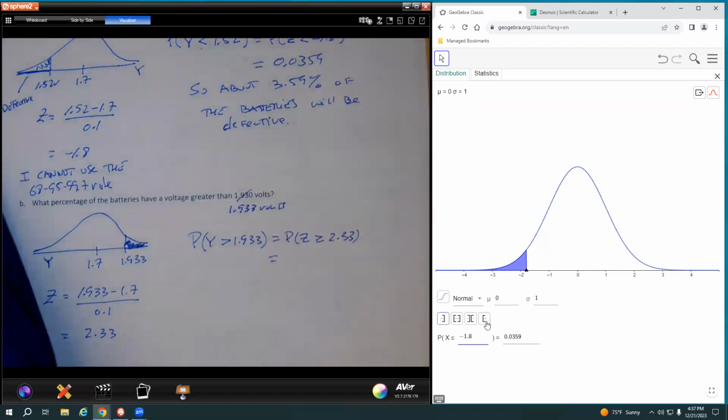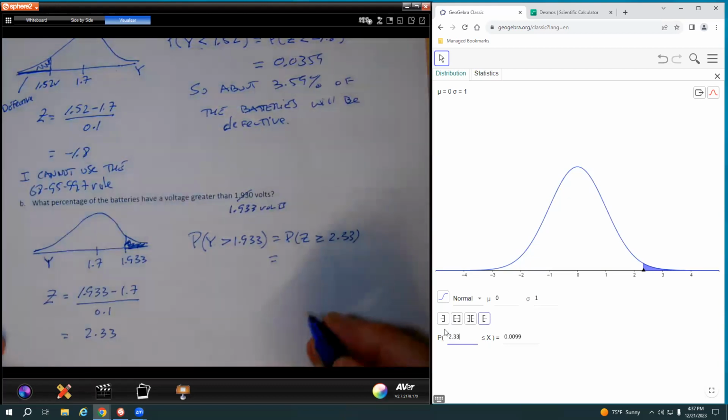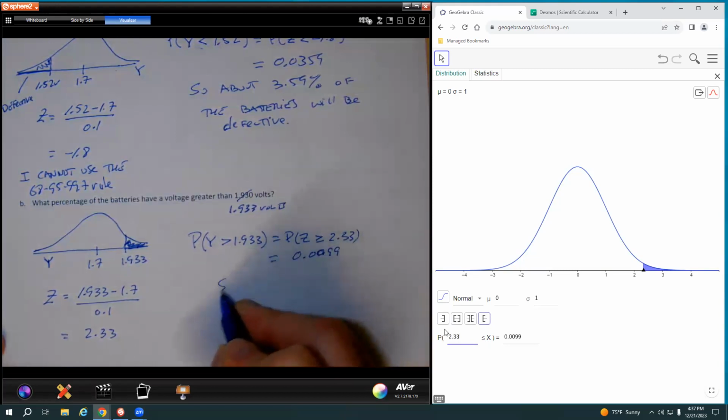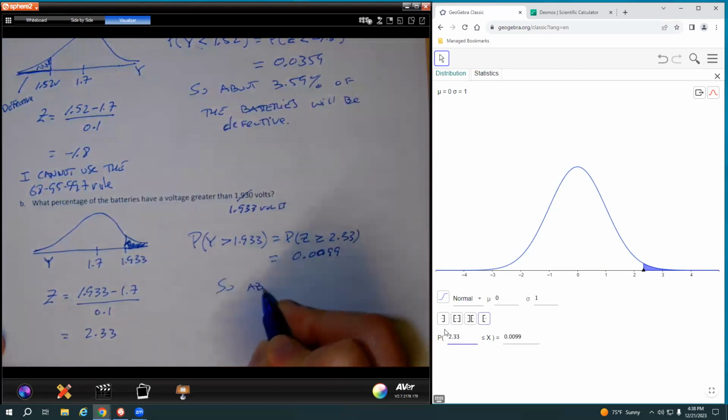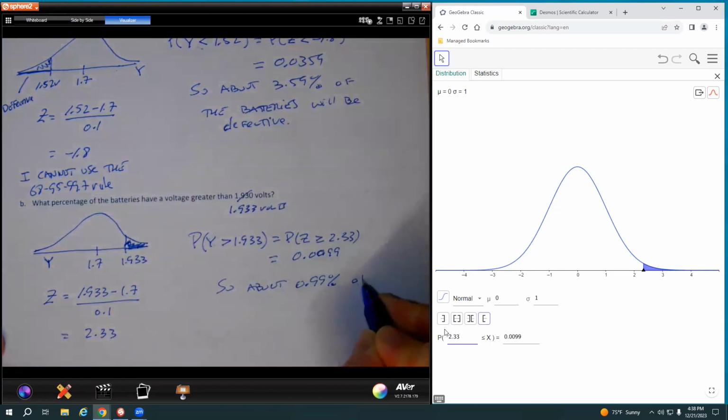I want greater than, I select the greater than symbol here, and I enter my z-score, which is 2.33. And I see that it's 0.0099. So about 0.99% of batteries.